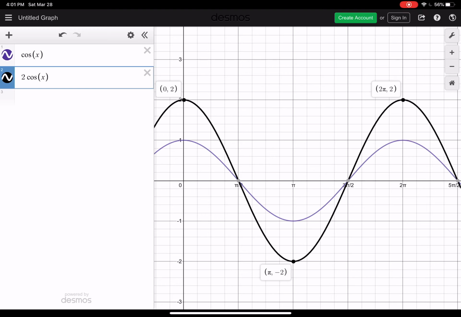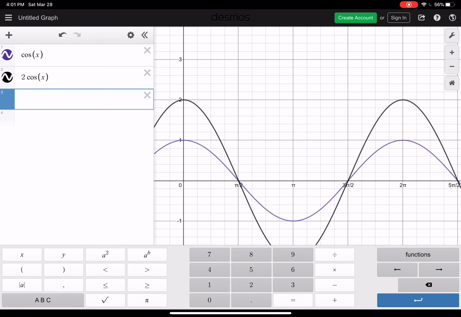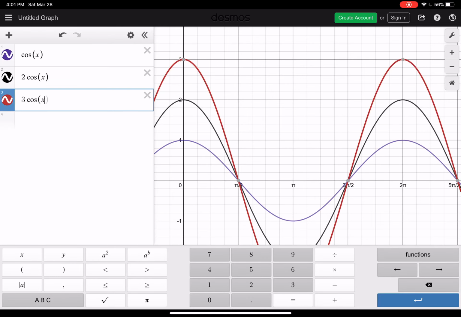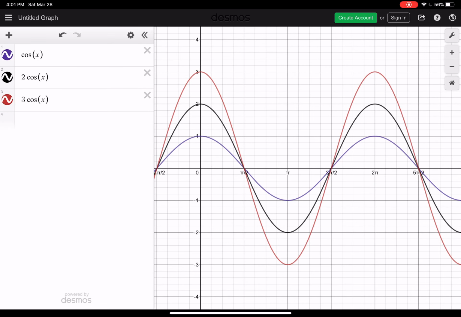So the x values aren't changing, but the y values are. And then we'll do one more: 3 cosine of x, going up to positive 3, down to negative 3.